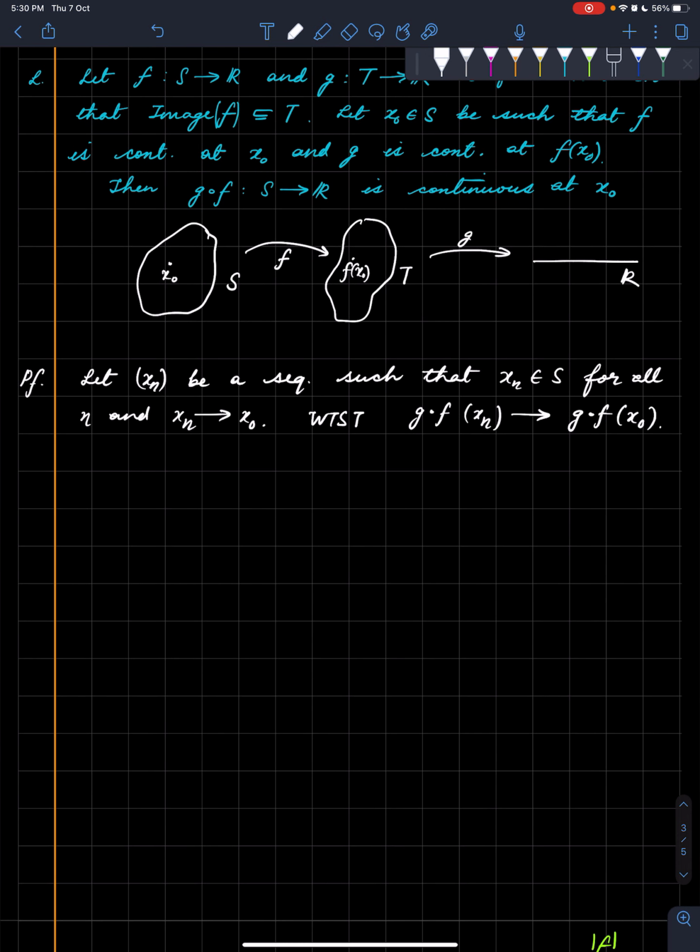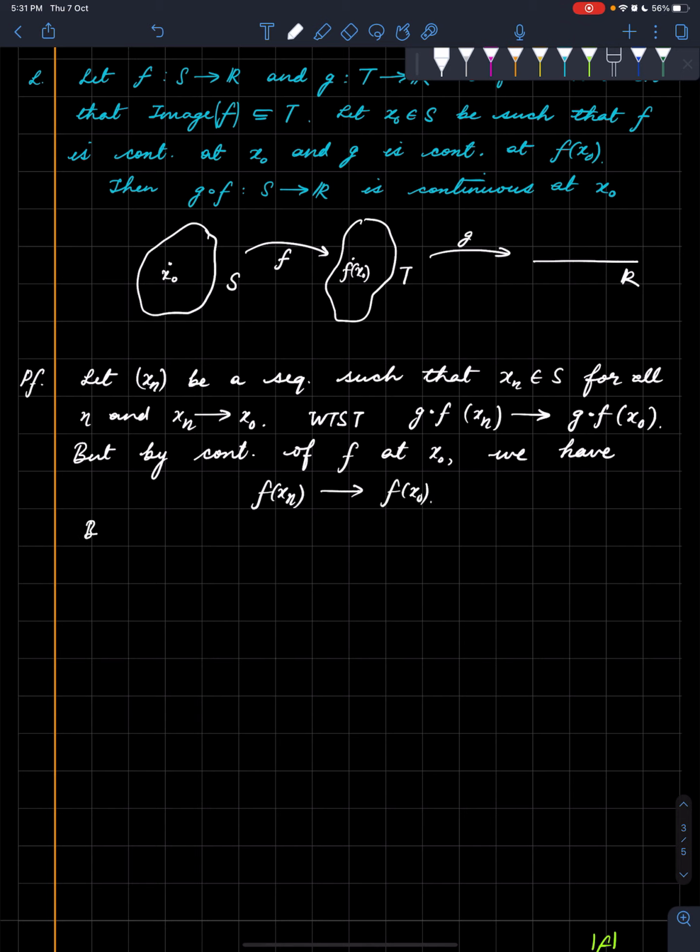So this is very easy because by continuity of f at x0, we have f of xn converges to f of x0.